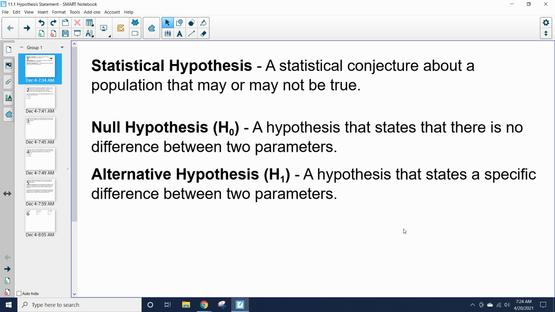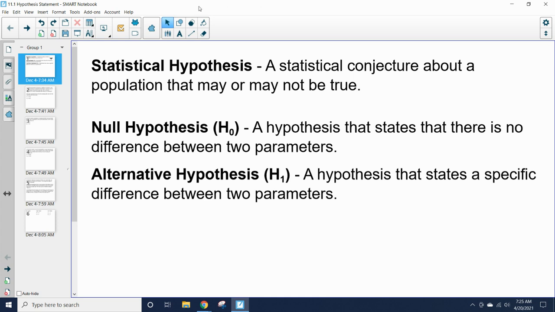So anytime you are studying something in science class, or anytime you're doing a research project, or researching anything, you create a hypothesis first, and then you test whether that research is correct or not. So we do something similar in statistics. We have a statistical hypothesis, which is a statistical conjecture about the population that may or may not be true.